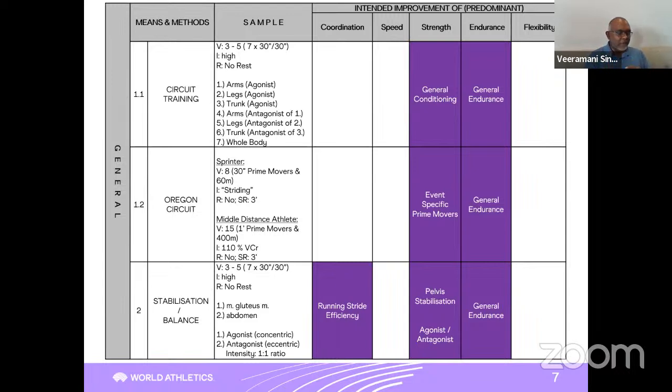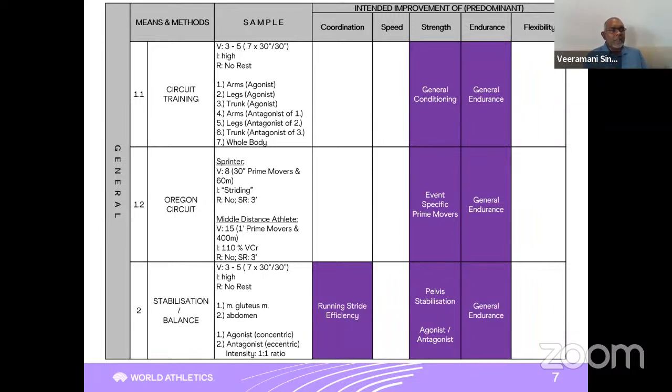What I mean by activity with movement is these are stationary activities you do. Let's say you do lunges or drop lunges, and then follow up with a 60 meters build up. So that is what Oregon circuits are meant for. Intensity you can see here is called striding. So basically that's the intensity. In terms of set rest, it's about 3 minutes.